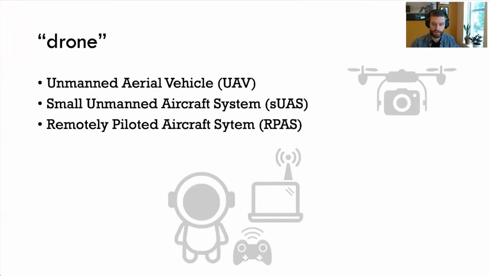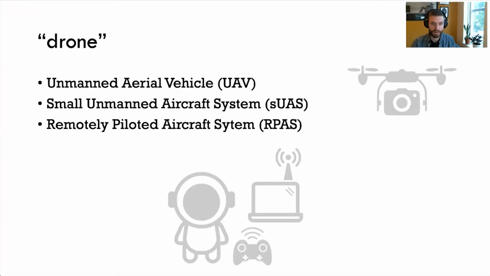Drone, for some, is maybe a little bit informal. It used to have some negative contexts. Drone was sometimes used only to refer to the use of machinery by the military to either surveil or attack targets.